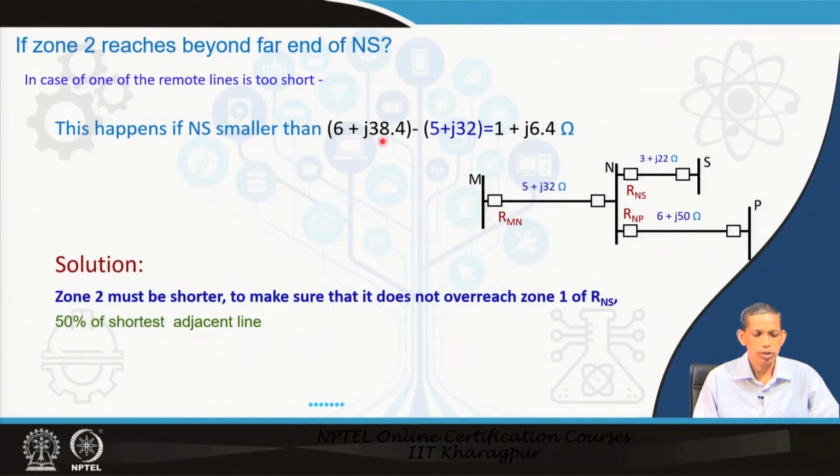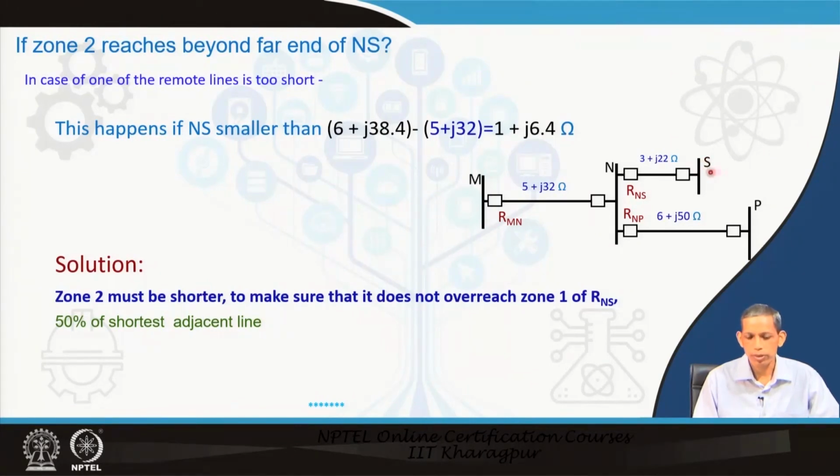the corresponding impedance is 6 + j38.4 minus (5 + j32). This is 120 times minus this line. So, the rest is 1 + j6.4. If the corresponding impedance of NS becomes smaller than this, then the zone 2 of the relay will reach beyond, and the zone 2 characteristic will extend beyond this.